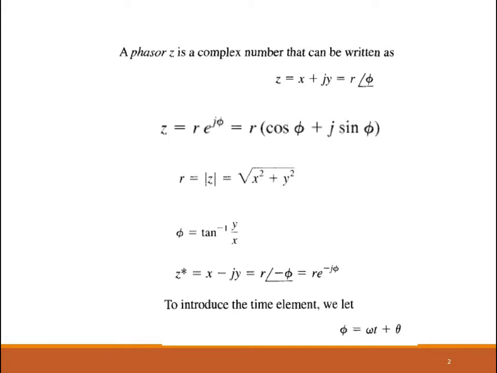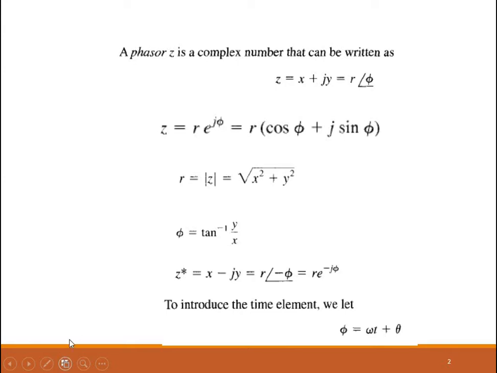It is a field that varies periodically or sinusoidally with time. So electromagnetic waves have the property that they are composed of time harmonic fields. Before applying phasors to electromagnetic fields, we're going to review some basic concepts here.